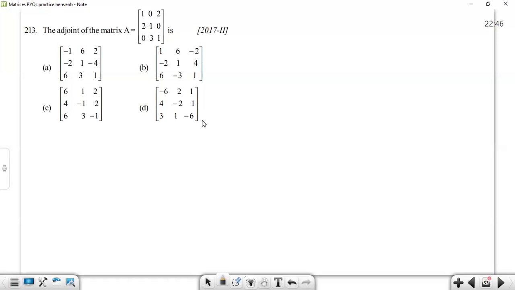Great. So now we have to find the adjoint of this given matrix. So we'll simply write the matrix. Now let's repeat the first 2 columns. Sorry, first 2 rows. This is 0.